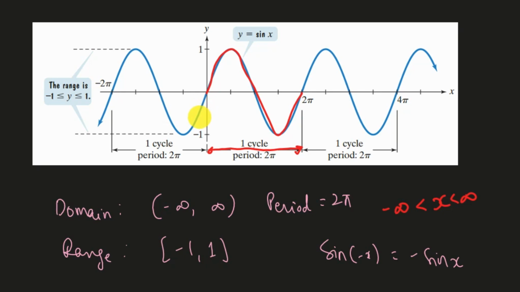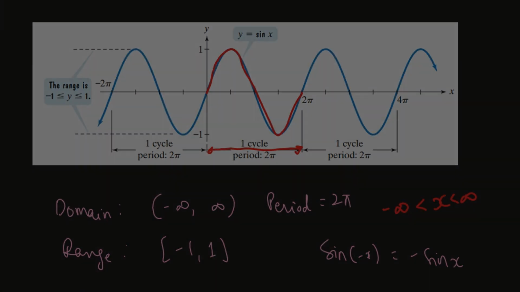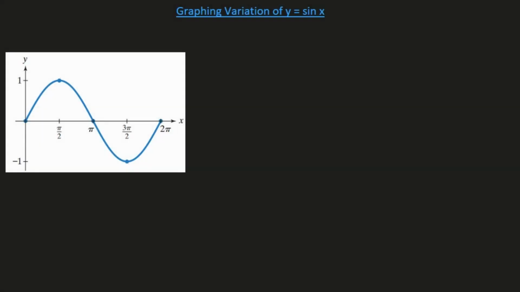Now let's discuss the variation of the function y equals sine x. To graph the variation of y equals sine x, it is helpful to find the x-intercepts and the maximum and the minimum points. Here we can observe from the sine curve that we have 3 x-intercepts, this one, and this one, and 1 maximum point and 1 minimum point, right?